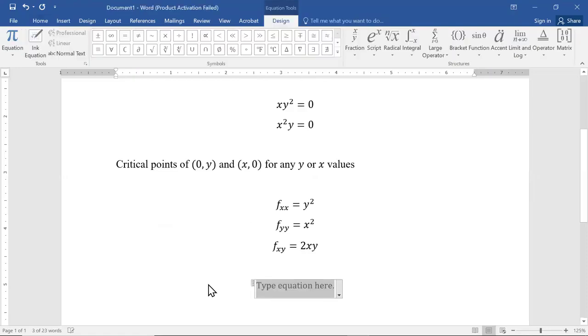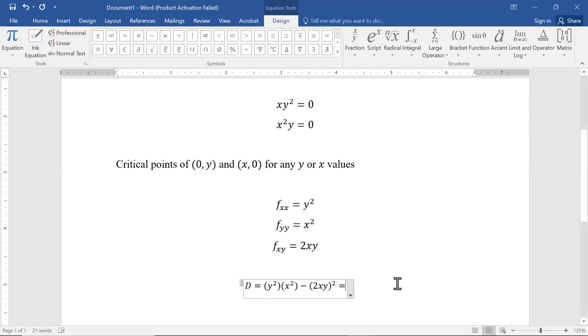So what is d? Well, my d is going to be y squared, that's f sub xx, times x squared, that's f sub yy, minus 2xy quantity squared.